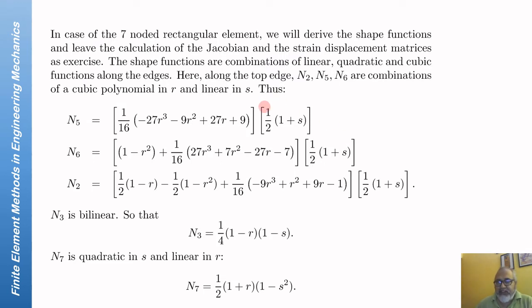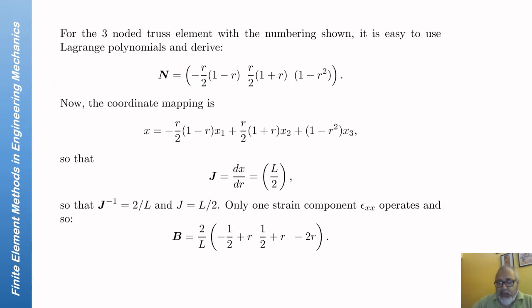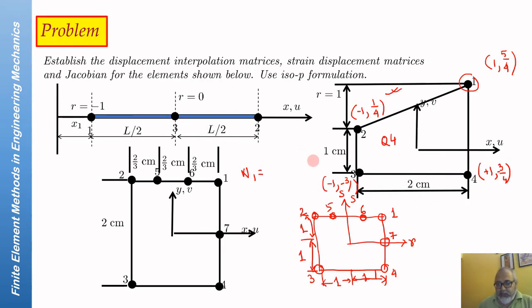So this is the linear part, and at s equal to -1, all these three go to 0. So n5, n6, and n2 would be given by these functions. These are third order Lagrange polynomials that we have derived, which are, for example, 1 here, 0 here, 0 here, and 0 here.